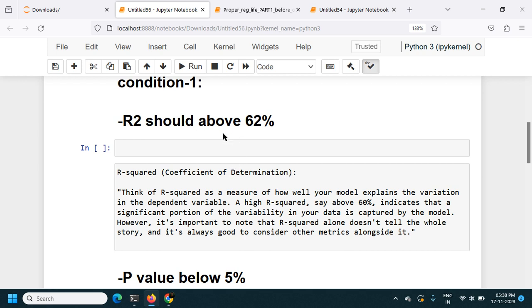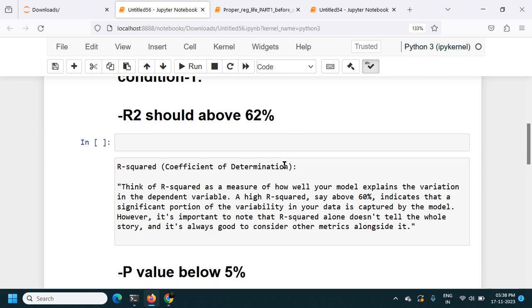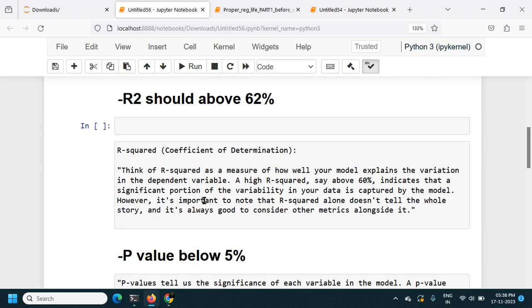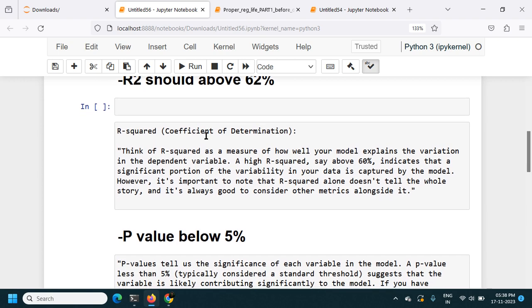If the R square is high, that means the x variable contributes efficiently to predicting the y variable. So the R square of the model should be greater than 62%. This is the interpretation of the R square. So always check that the R square is above 62%.